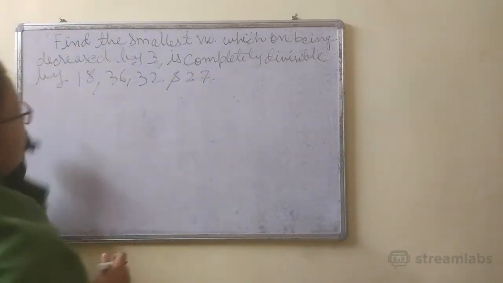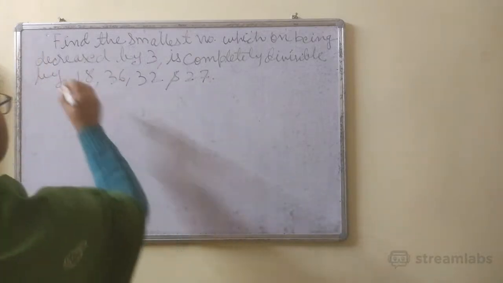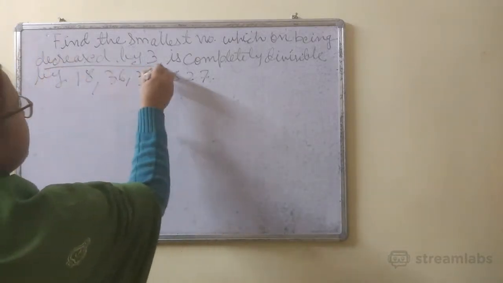Okay. So find the smallest number which on being decreased by 3 is completely divisible by this one.